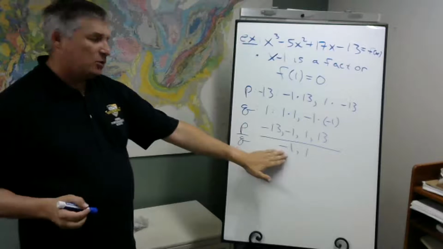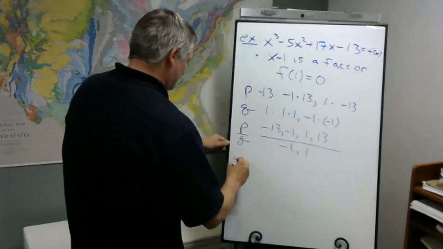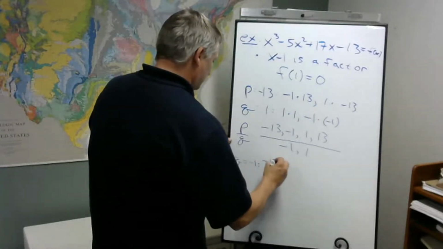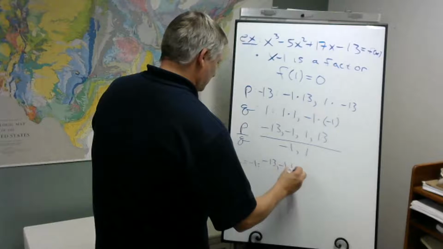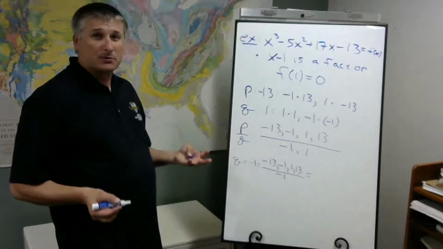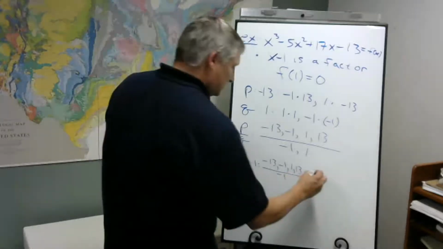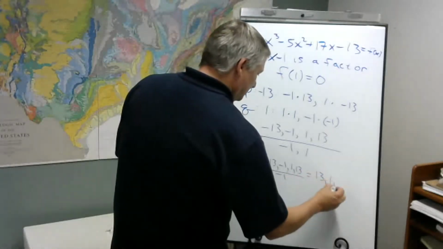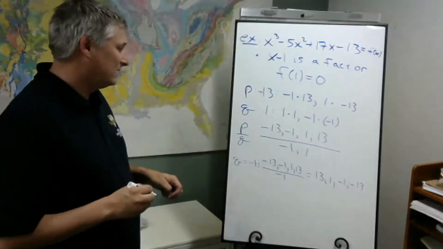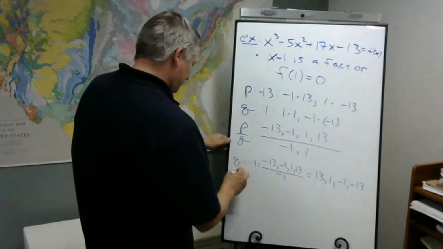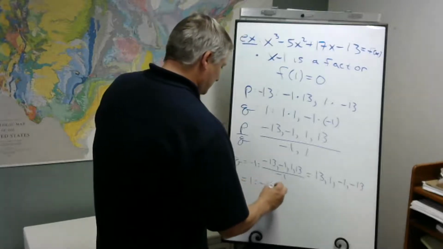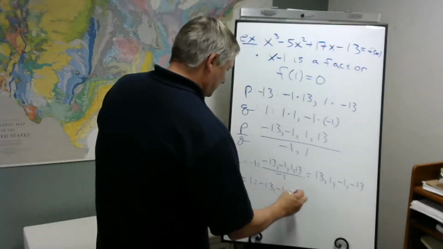So if we look at, say, q being negative 1, we divide each of the numbers in the numerator by negative 1. Well, we get 13, 1, -1, and -13. And then for q is 1, we have -13, -1, 1, and 13.